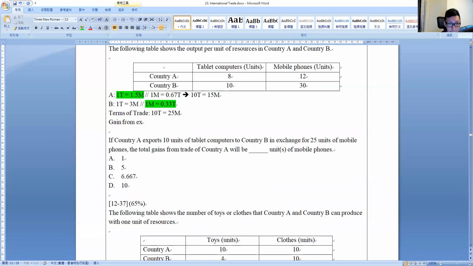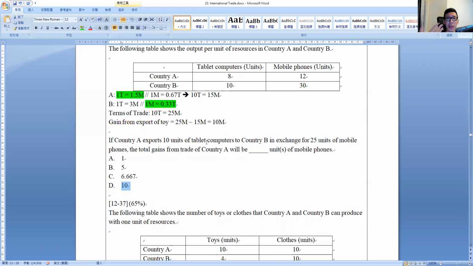Terms of trade is 25 M minus opportunity cost 15 M. You will gain 10 units of mobile phone. Answer D. Okay, the answer is D, that's how it's calculated.